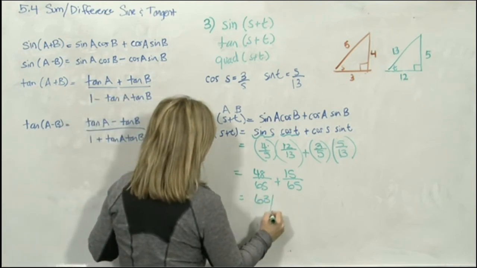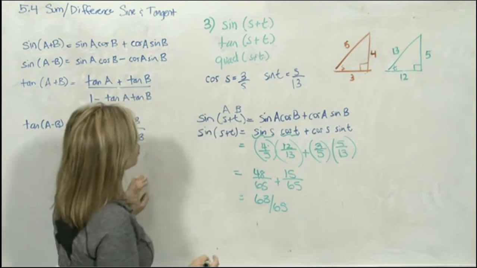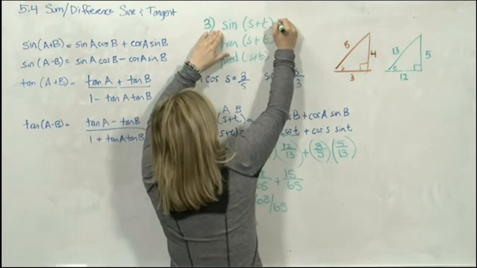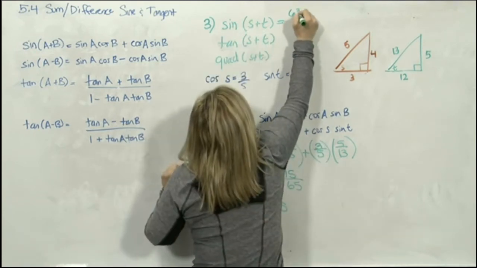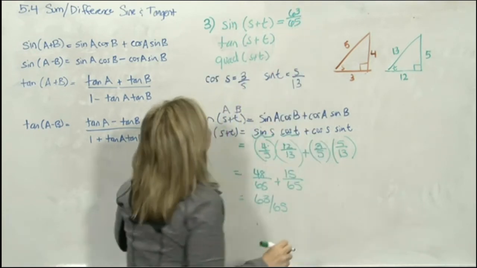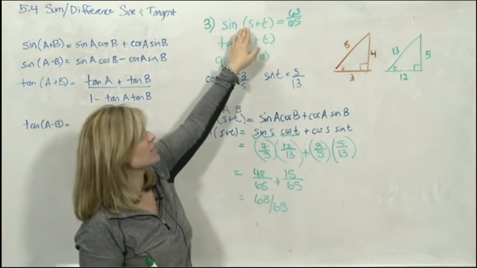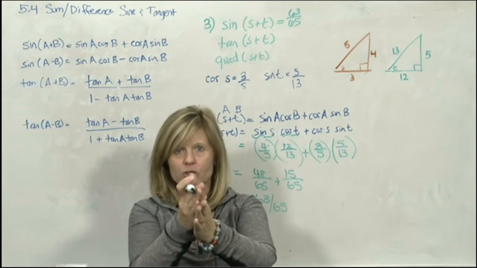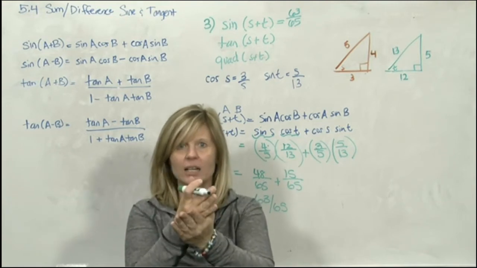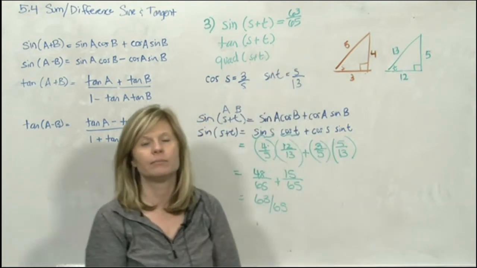This makes 63 over 65. So we answered the first question. The sine of angle S with the sine of angle T added is 63 over 65. So without actually knowing how many degrees angle S is and how many degrees angle T is, if we added those two angles together and took their sine, that's the answer they would get.